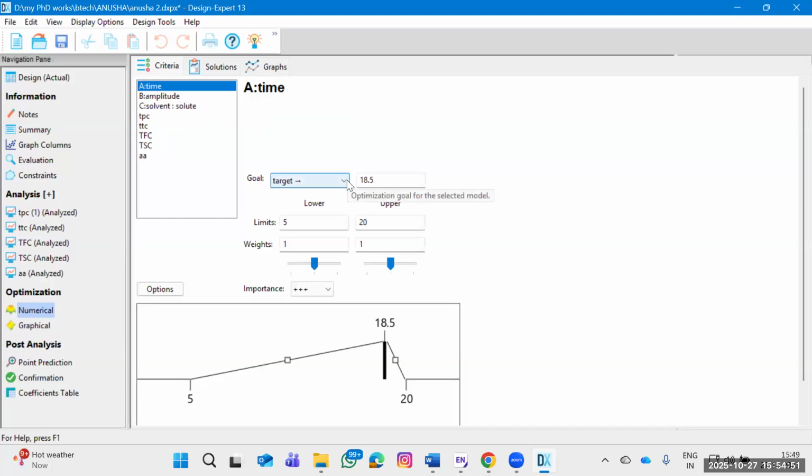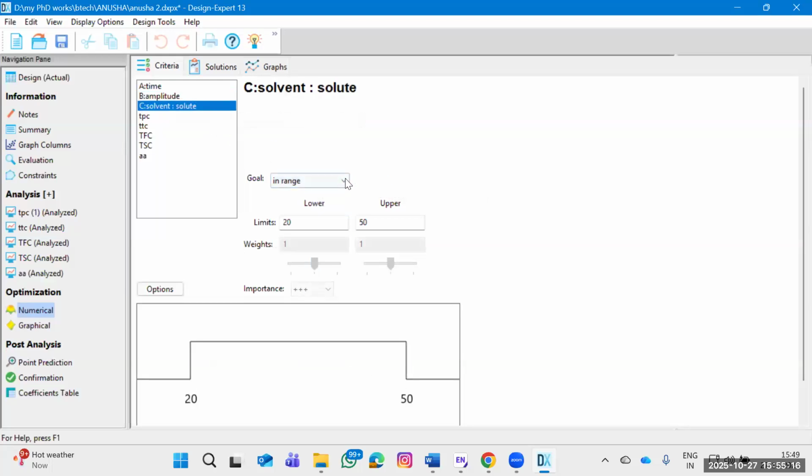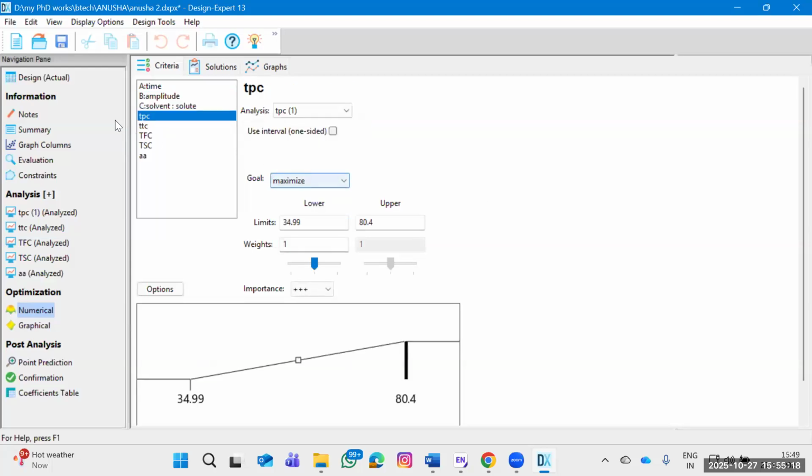Like if you target a value, suppose 18.5 minutes is the target value, at this value we need the TPC or the other variables to be maximized, then it can be done. But I'll just show you by putting it in range. The amplitude will also be in range, and the solvent to solid ratio in the range. Then all these dependent variables will be maximized or minimized as per the experiment.